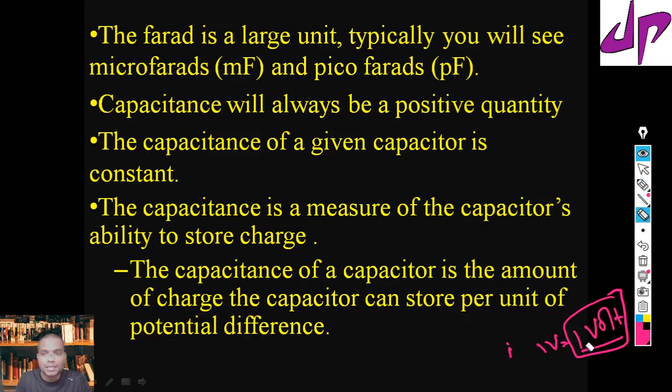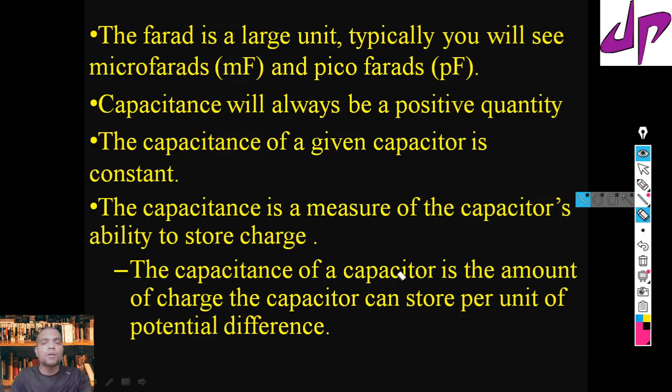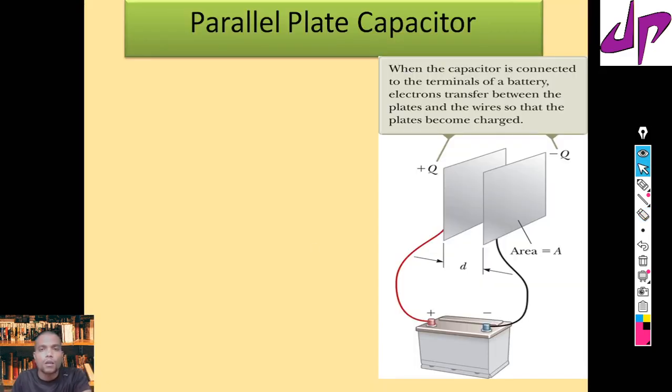Let's construct a capacitor and understand the mechanism of how a capacitor stores charge with the help of a PhET simulation. To construct a very simple capacitor, let's build a parallel plate capacitor.